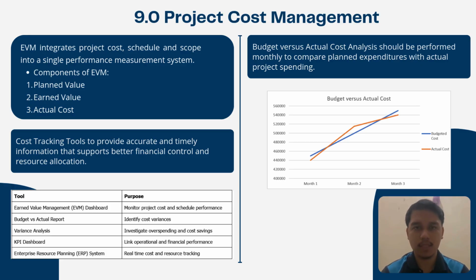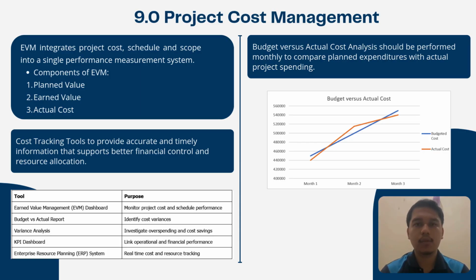In addition, budget versus actual cost analysis should be performed monthly. This method compares planned expenditures with actual project spending and helps identify cost variance. The graph shown in the report illustrates this comparison and demonstrates how management can monitor project financial performance throughout the expansion process.